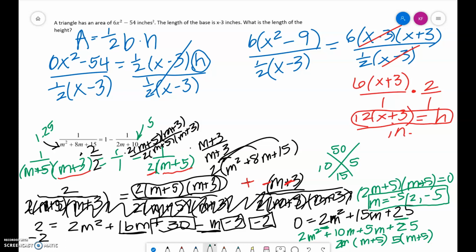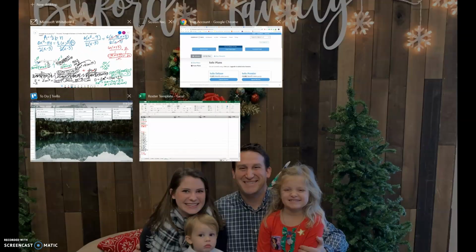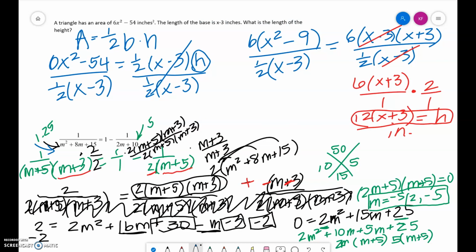However, when you sub in negative 5 into both of those equations, for the left denominator, you will end up getting negative 5 squared. It's 25 plus 8 times negative 5 is negative 40. So we're at negative 15 plus 15. You get 0. Sorry, I did it again.